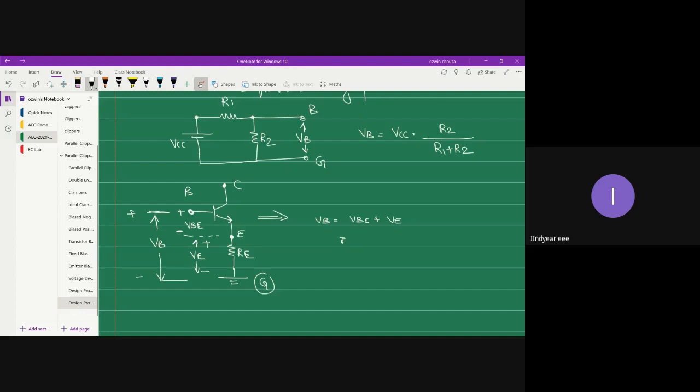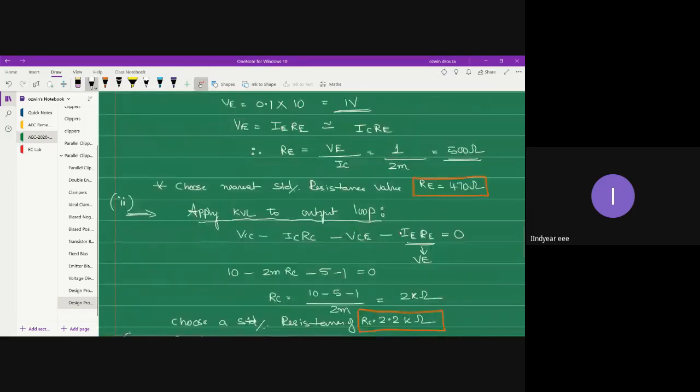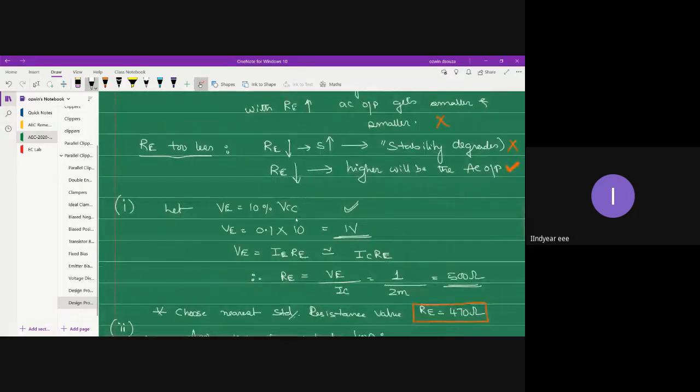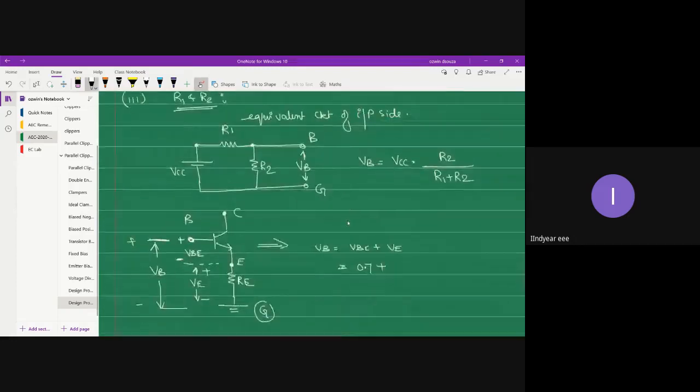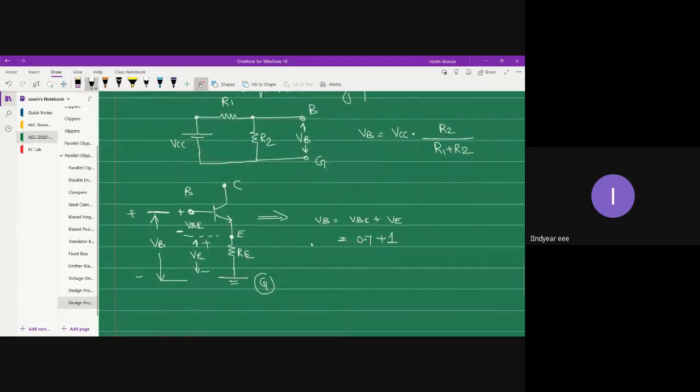Base to emitter is 0.7 volts. We have assumed VE as 10% of VCC, and we got VE as 1 volt. So your base to ground voltage is 1.7 volts. So that's VB.